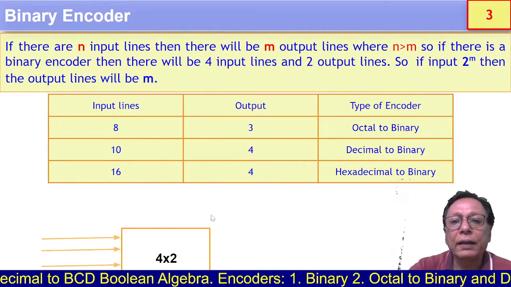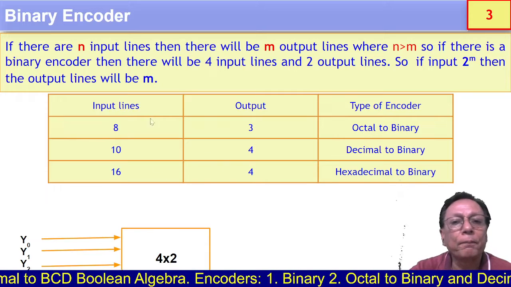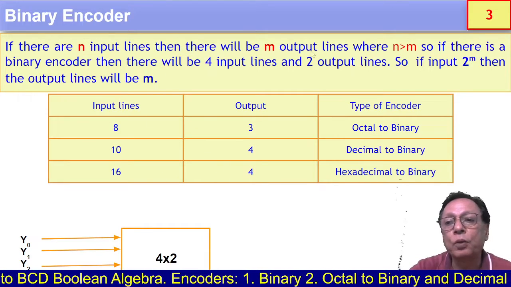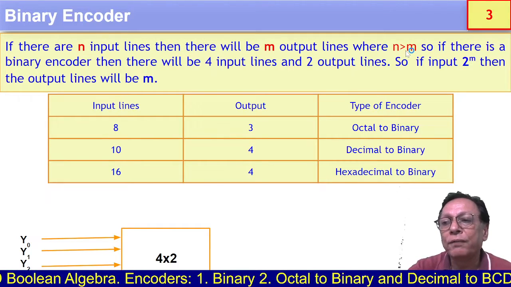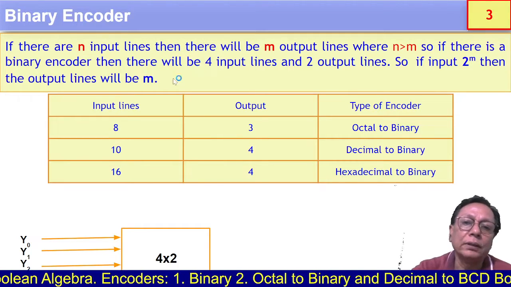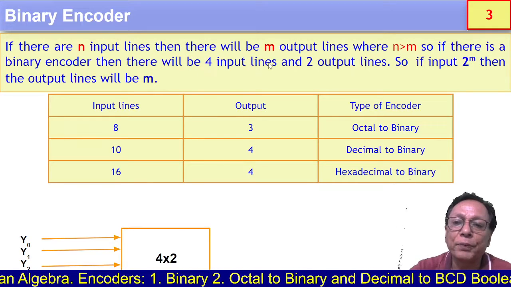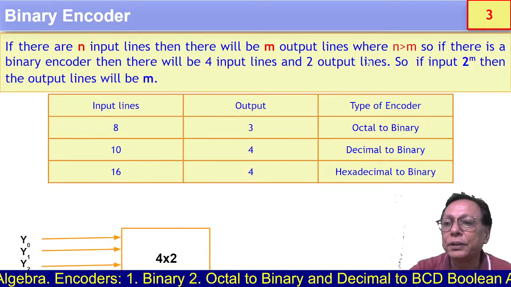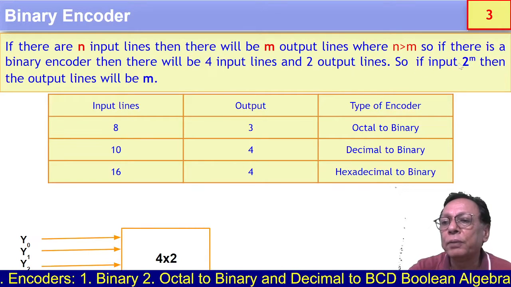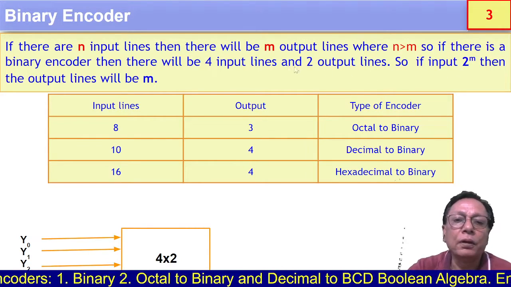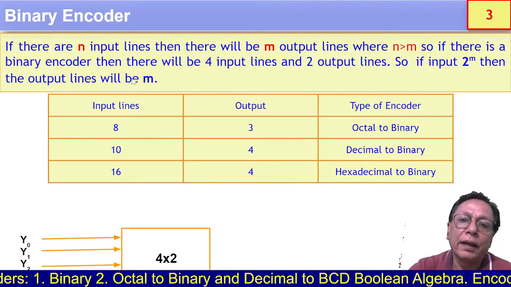So if there are n input lines, then there will be m output lines, where n is greater than m. So if there is a binary encoder, then there will be 4 input lines and 2 output lines as shown in the picture. If the input is 2 to the power m, then the output lines will be m.